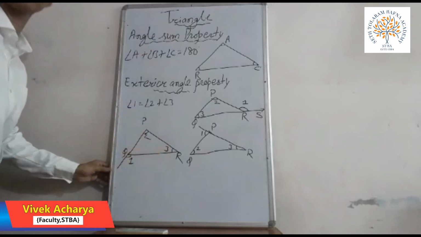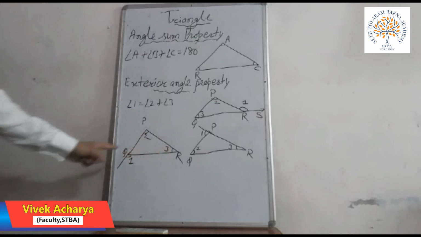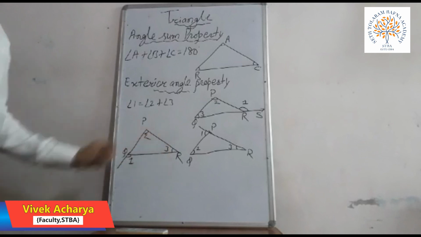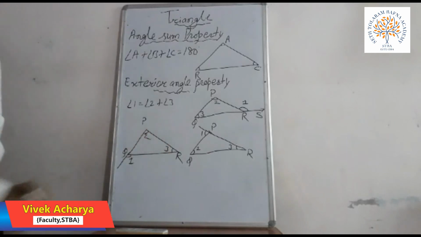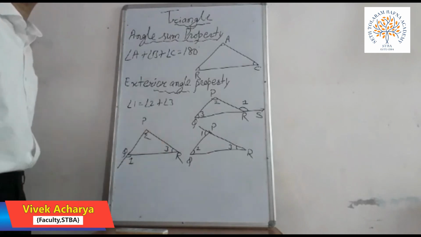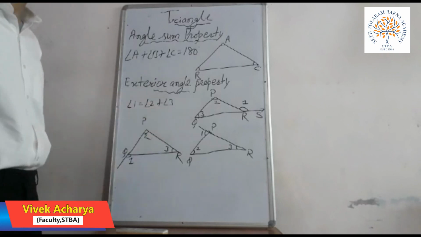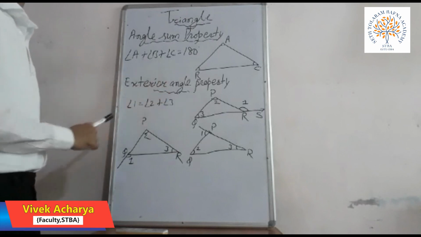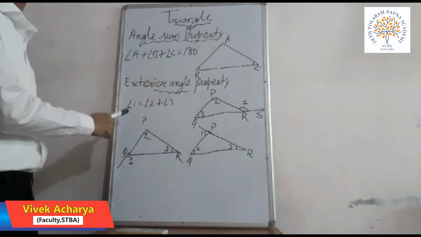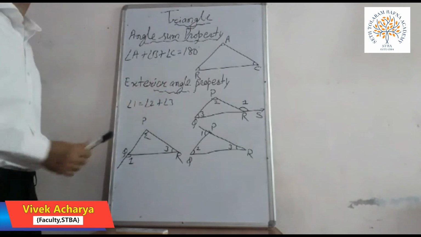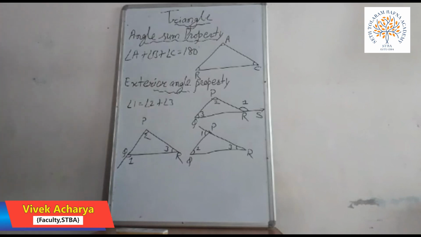You will not take the same interior angle, you will take the opposite two angles. Then angle 1 is equal to angle 2 plus angle 3. So this is also an important property, children, the exterior angle property. So the exterior angle is equal to the sum of the interior opposite angles. I think it is clear to all of you.